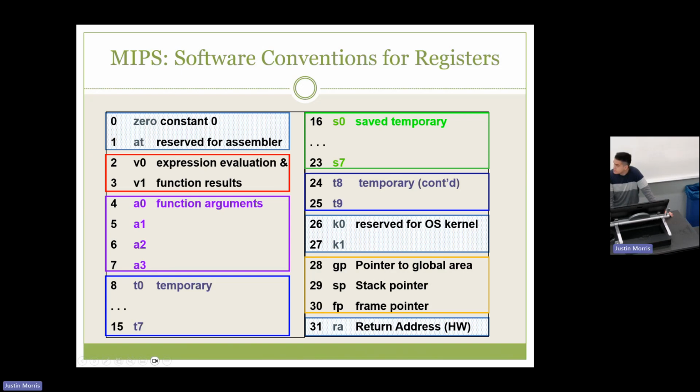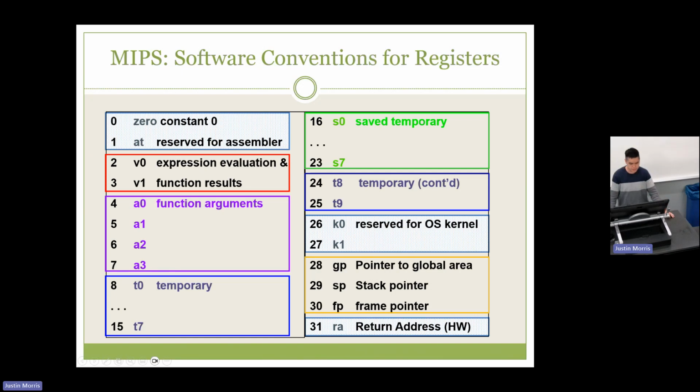So like I mentioned, 0 is 0. 1 is reserved for the assembler. These are for your returns. So your function return. And this is your function arguments. So like when you make a function and it has the inputs, that's what these are for.